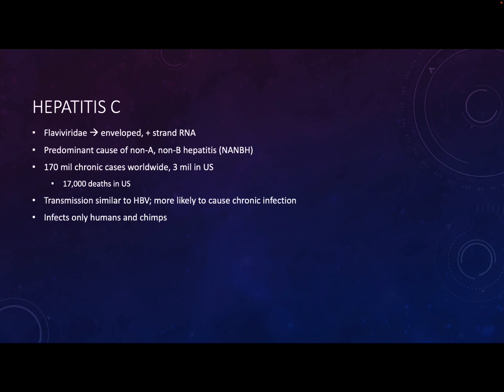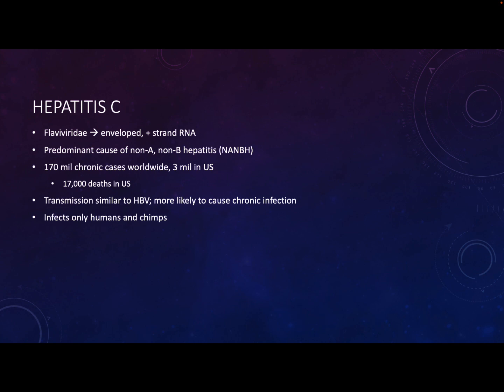Like the other members of the Flaviviridae, it is an enveloped, positive sense strand RNA virus, and it is the primary cause of non-A, non-B hepatitis. That might seem like a silly distinction, but before the hepatitis C virus was characterized, that's literally what people had. They had hepatitis, but it wasn't A and it wasn't B, so it was non-A, non-B hepatitis. We now know it could be E or G, not F, because there is no F, but hepatitis C is the most common.